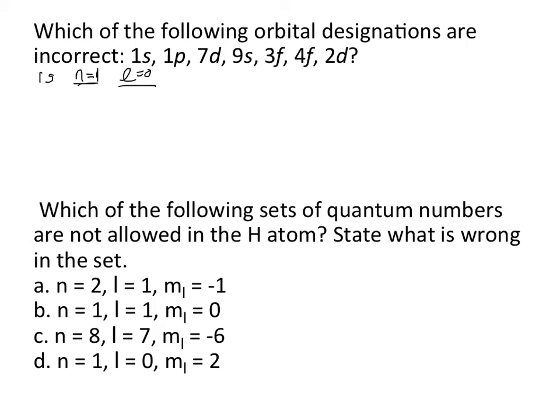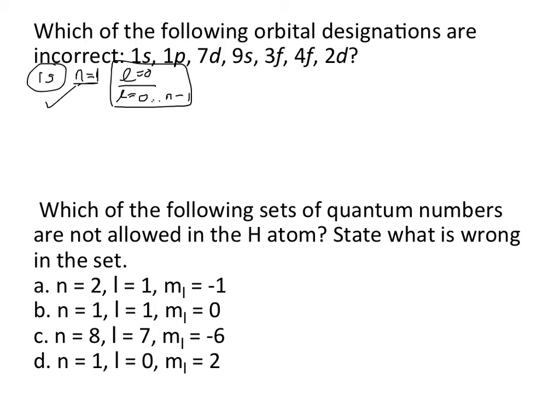L is dictated by 0 all the way up to n minus 1. You remember this by now, I'm sure. So n minus 1 in this case is going to be 0. So L equaling 0 is completely acceptable. This is a correct designation.